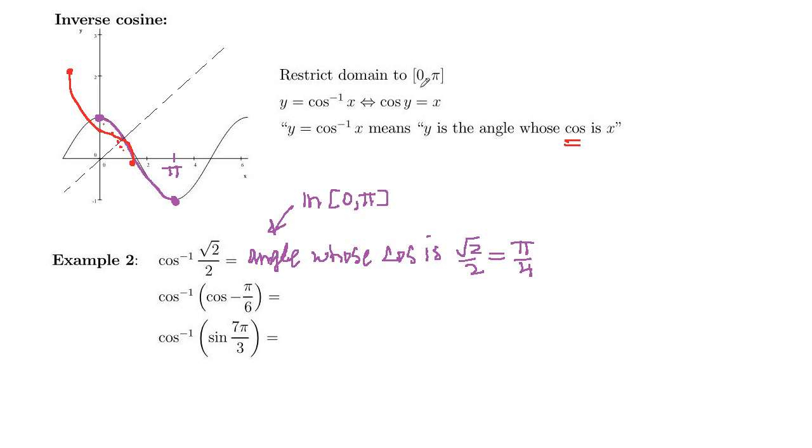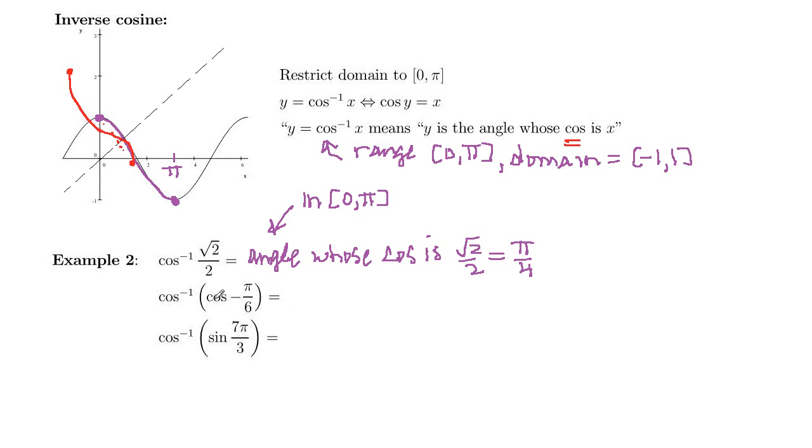Our domain is 0 to pi for the restricted cosine function here. So for inverse cosine, the range is going to be 0 to pi, and then your domain is going to be negative 1 to 1, which is the range of the cosine function.